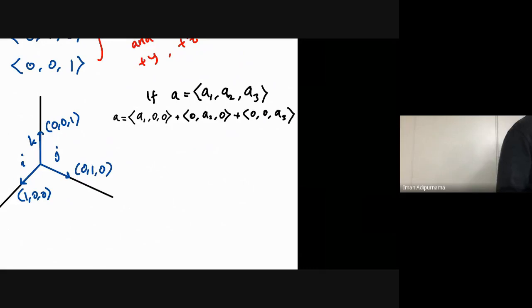So we can write this in terms of the standard basis. Let me just write all the things here.